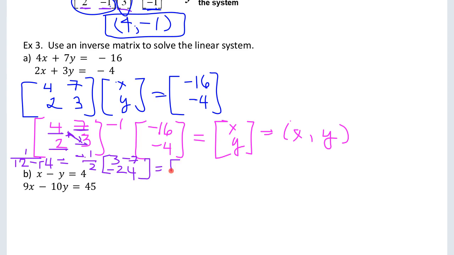Is going to be -3 over 2, 7 over 2, 1 and -2. Then we're going to multiply that by the constant matrix, like so.